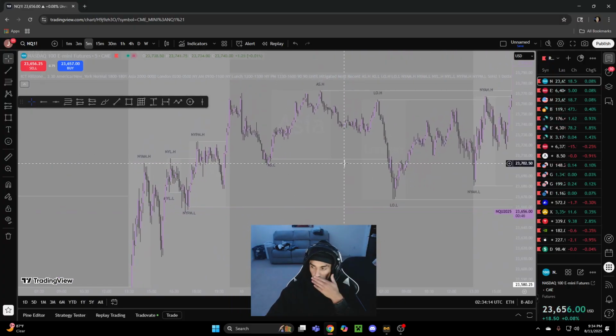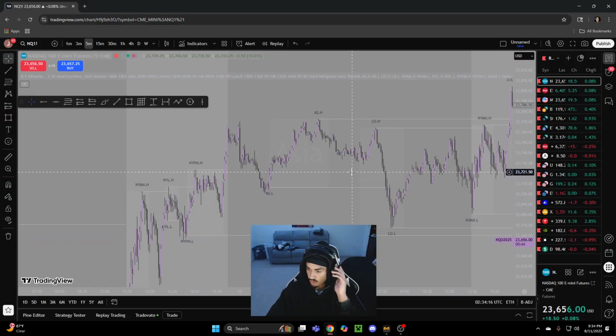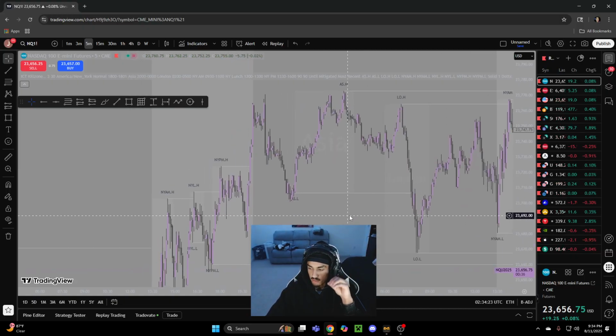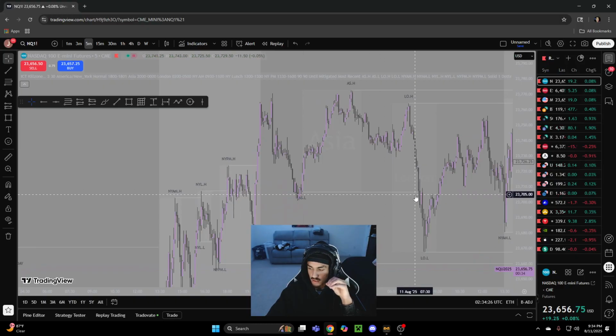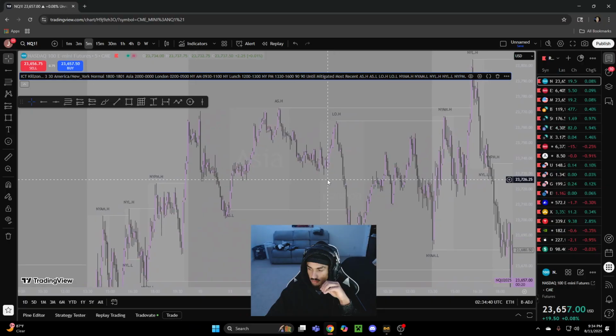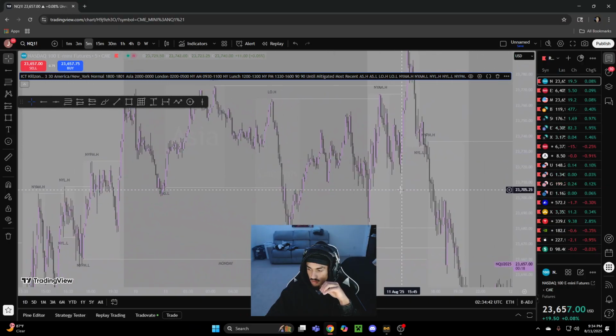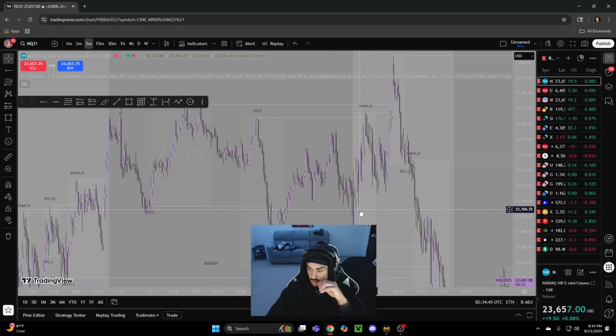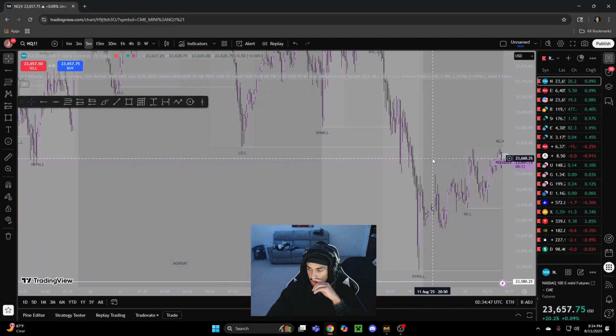As from my previous videos, a liquidity sweep is where price comes and just sweeps it and leaves a wick below this low. So a liquidity sweep is like, let's see, where's a good liquidity sweep?